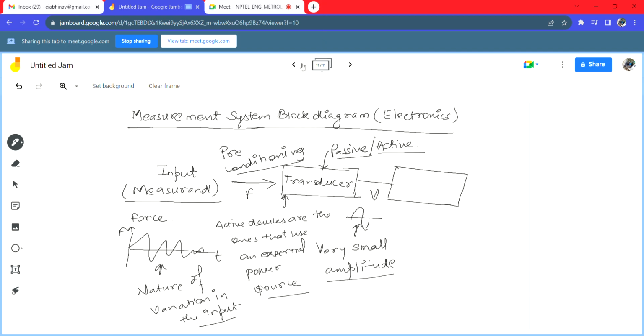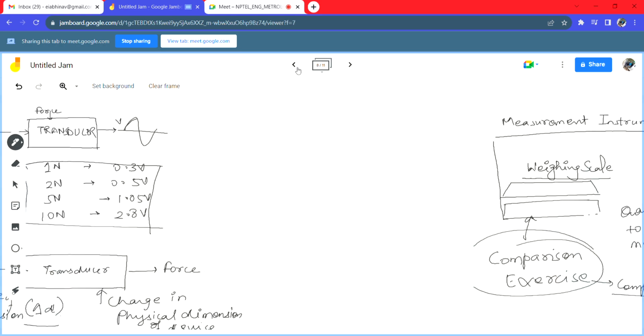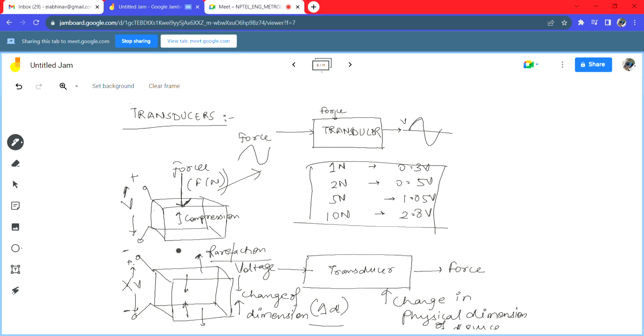Now, if you go back to the previous slide and you see this example over here, we have not used any external power source. Only there was a force that was generating a voltage, or we were giving a voltage that was generating a compression or rarefaction. But in all this functioning, no external battery or external power supply was connected to this transducer. So this is a passive transducer.